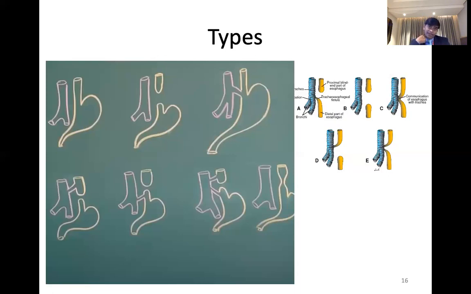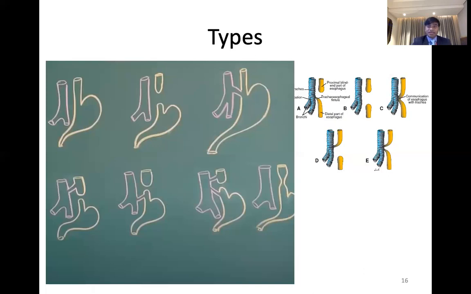Now, if you see over here, there are different kinds. The most common you will find is this one, where esophageal atresia is there. Either this or this, in 90% of cases you will find this kind of atresia.